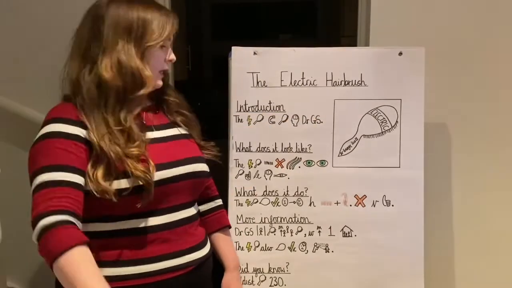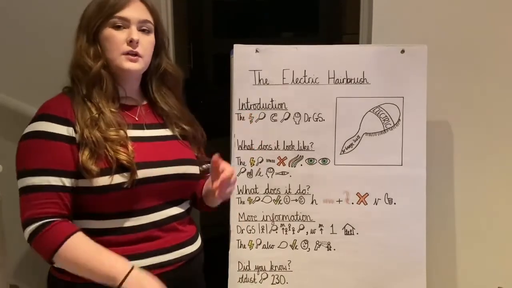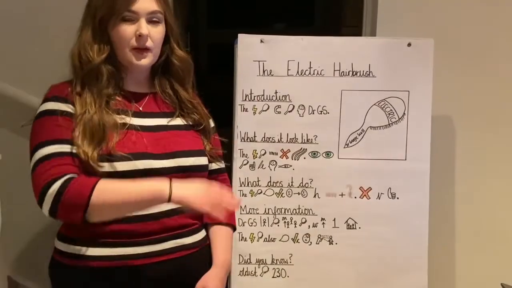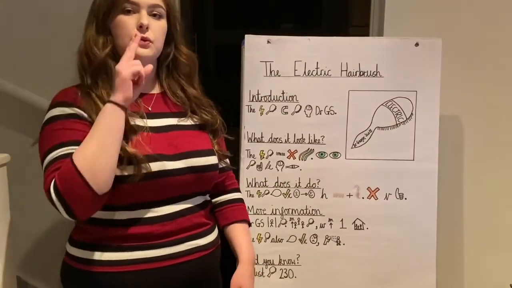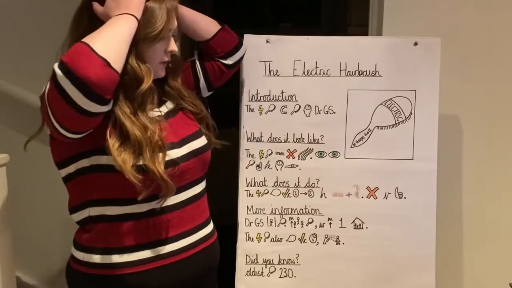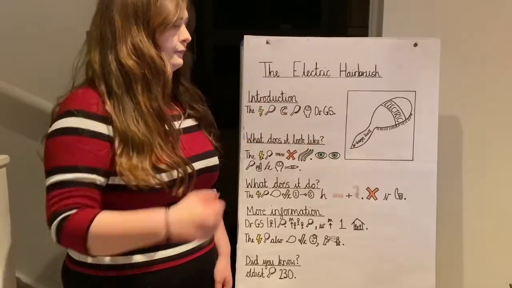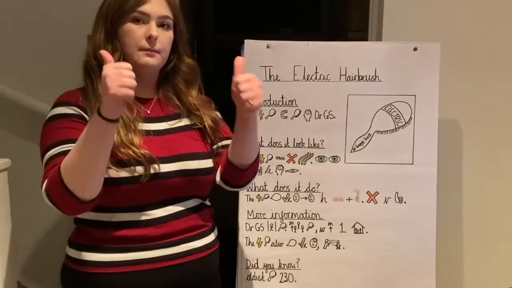It looked like an ordinary hairbrush, but it was engraved with the inventor's name on the handle. What does it do? The electric hairbrush was said to cure baldness and make your hair thick and grow. It did not hurt to use the brush and became very popular.